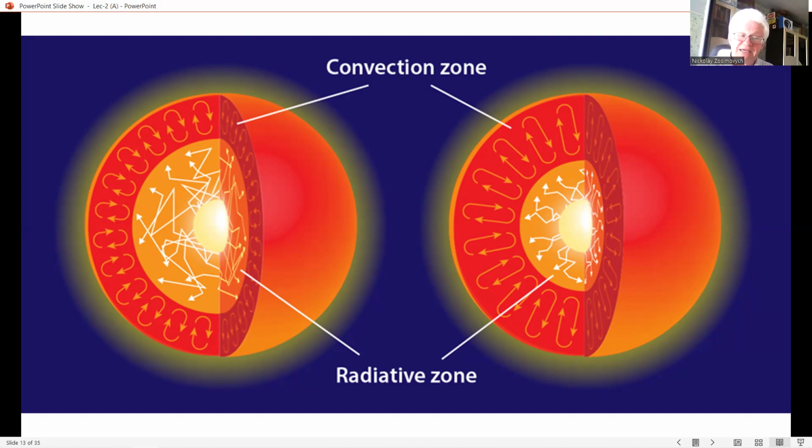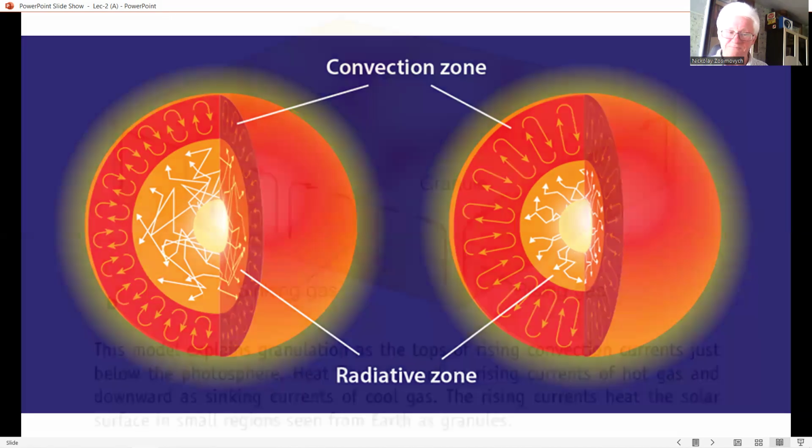The cool creamer sinks, warms, expands, rises, cools, contracts, sinks again, and so on, creating small regions on the surface of the coffee that mark the tops of convection currents. Viewed from above, these regions look much like solar granulation.